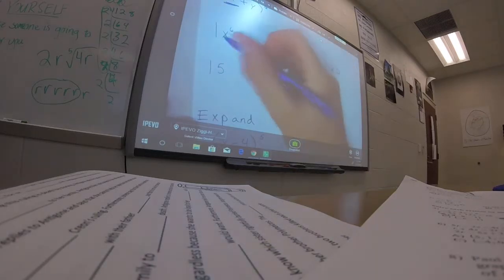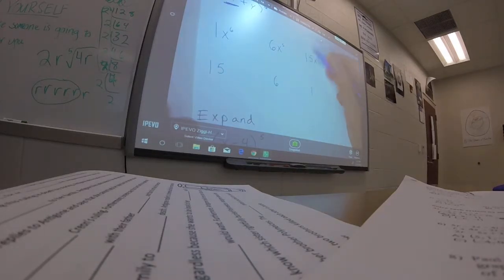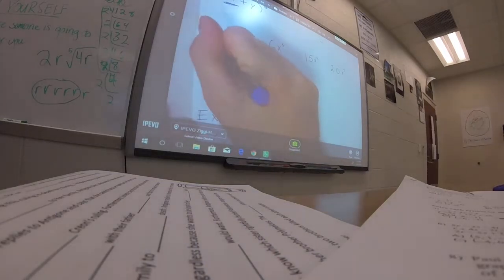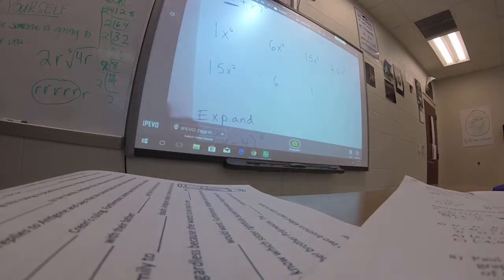So we're going to have x to the 6th, x to the 5th, x to the 4th, x to the 3rd, x squared, okay, x to the 1st, and then this one is technically x to the 0 power, and we've all agreed already that anything to the 0 power is 1.